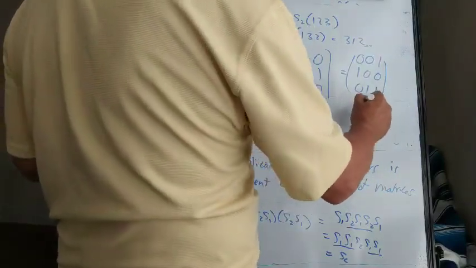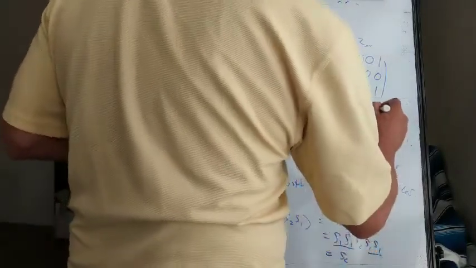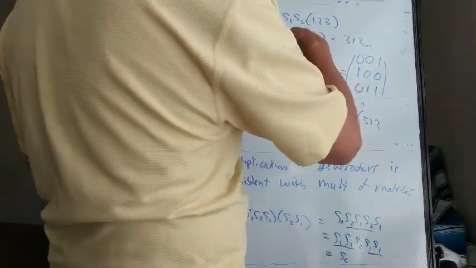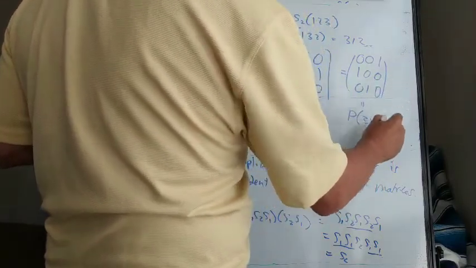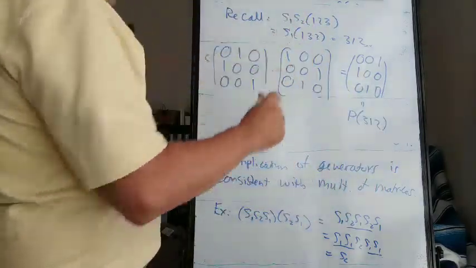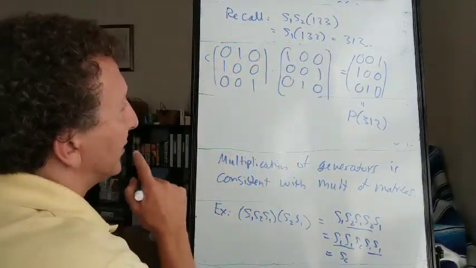And this is the matrix of 3, 1, 2. So it works the same as the generators applied to a word as functions.